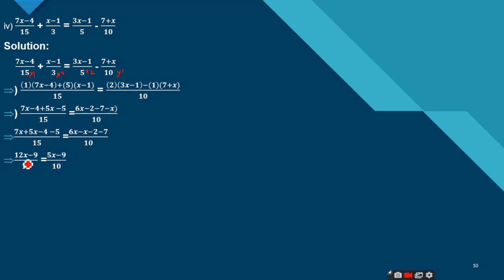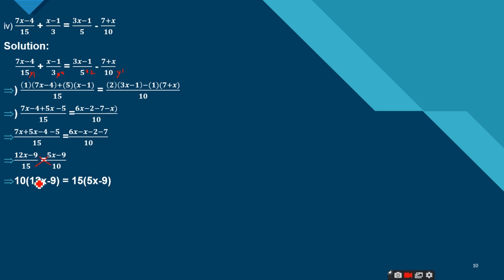So 7x plus 5x is 12x, and minus 4 minus 5 is minus 9, upon 15, is equal to 6x minus x is 5x, and we add 2 plus 7, we got minus 9 upon 10. Now we have two terms on both sides, so we just do the cross multiplication.